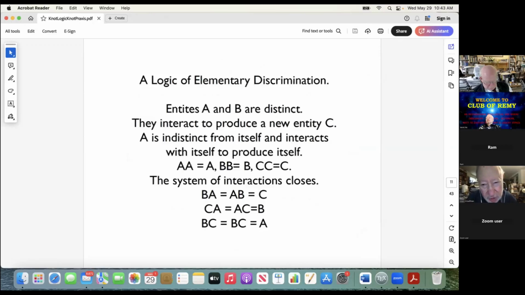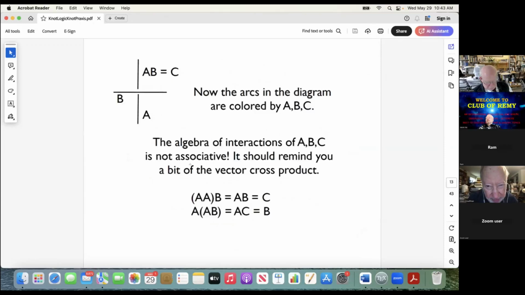But now I want to show you that if we labeled the lines more carefully, then we would be coming into the topology. I'm going to color the arcs of the diagram by different colors or labels.